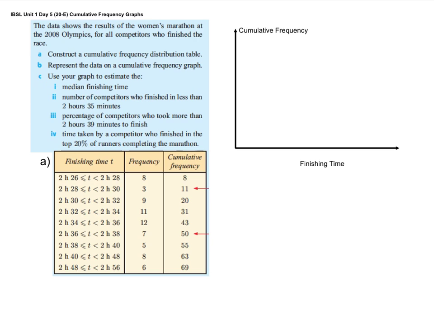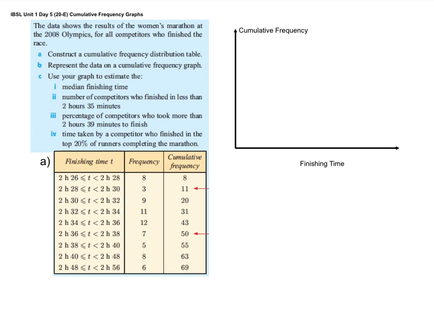Okay? So, for example, here we have some data from the 2008 Olympics, the women's marathon. All of them took over 2 hours to finish, or were within 2 to 3 hours.